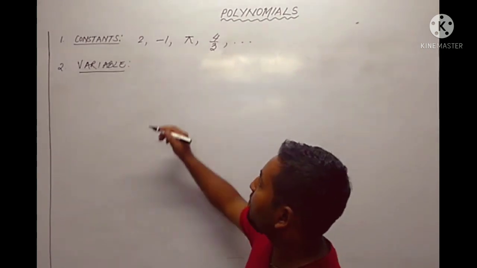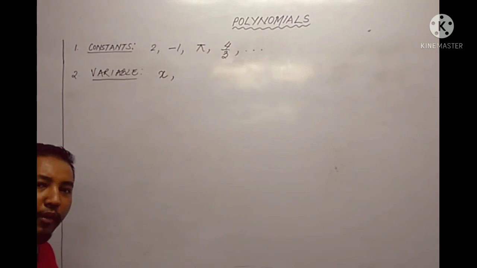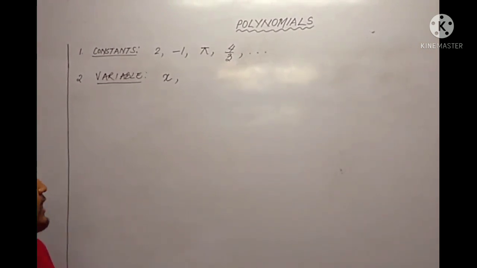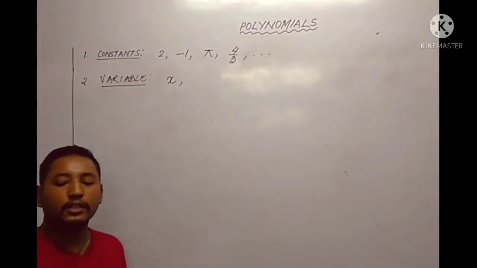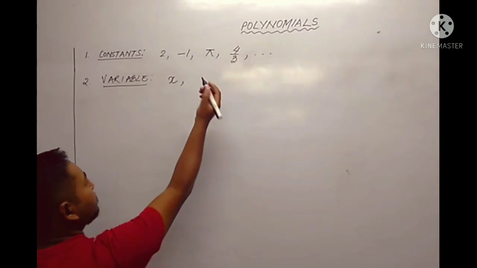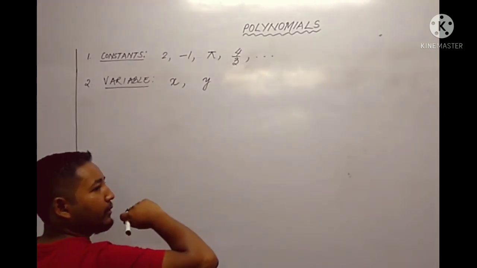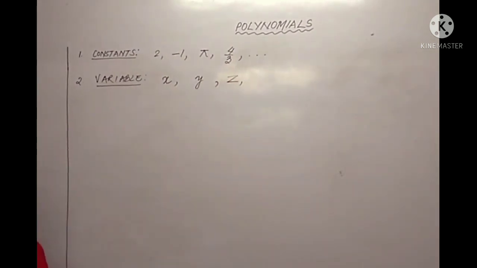If I give you an example, x is a variable. Why is x a variable? Because x assumes different values in different situations. Now if I say y, it is also a variable. You can say z, it is also a variable.